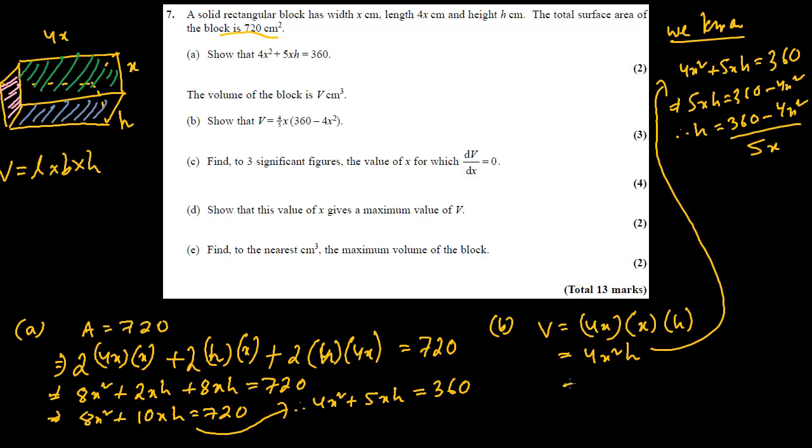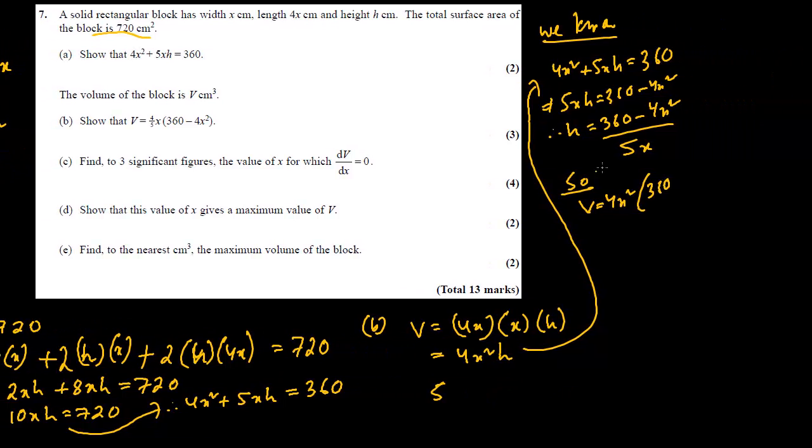So volume equals 4x squared times 360 minus 4x squared divided by 5x. If we simplify, this x and this x cancel over here, we can write 4 by 5, and we can take the x outside the bracket, and we can write 360 minus 4x squared. So this is the expression.